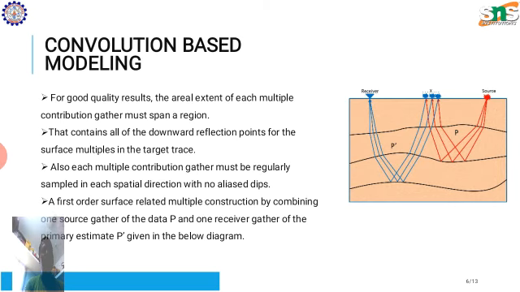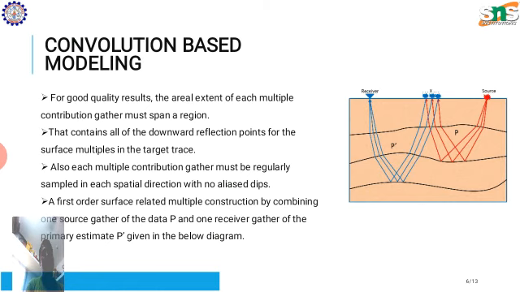However, this is hardly the case in actual marine data acquisition, mainly due to limitations of boat steering and cable feathering issues, apart from missing short contribution due to inherent limitations of marine acquisition geometry.